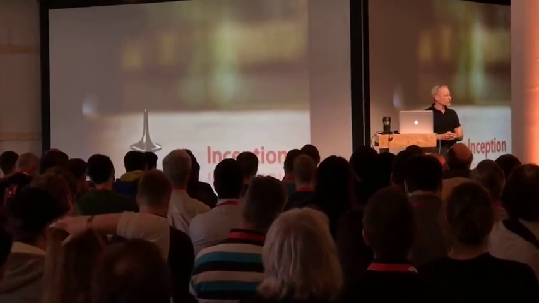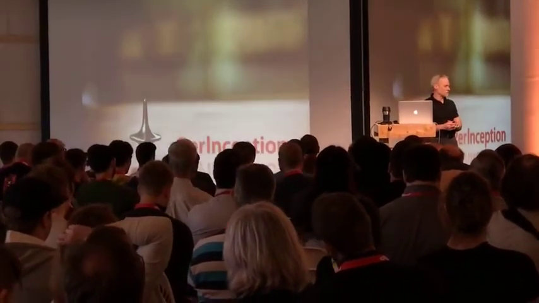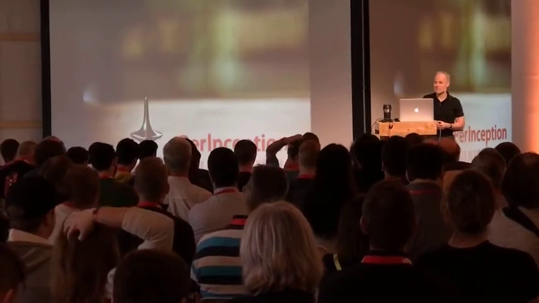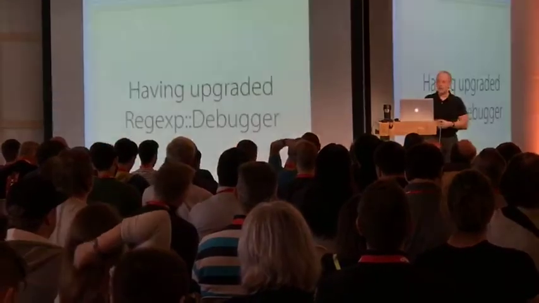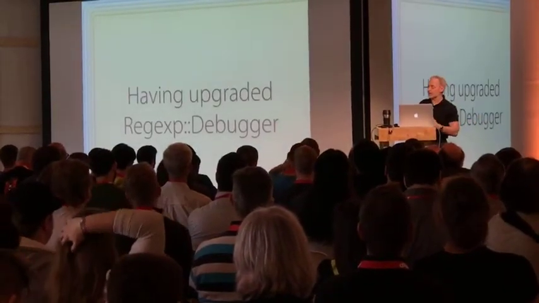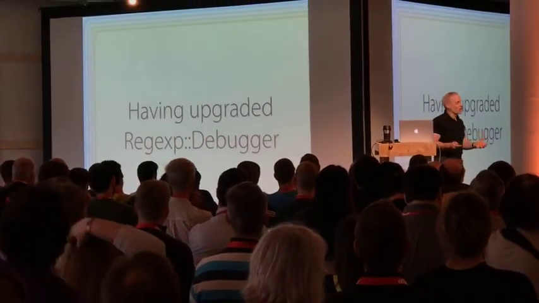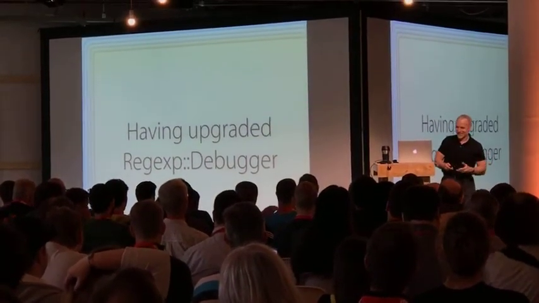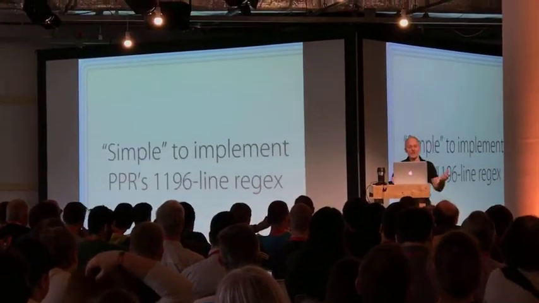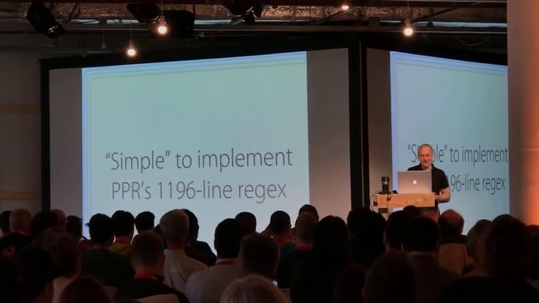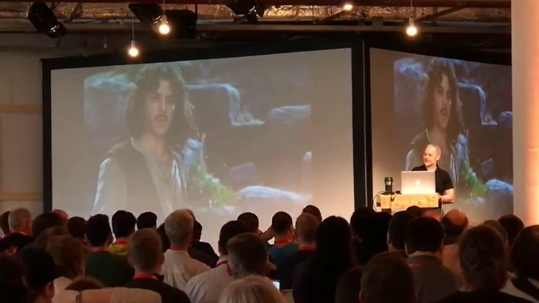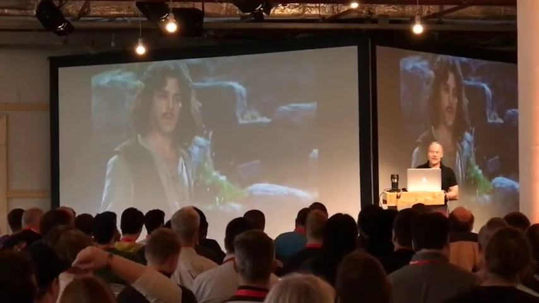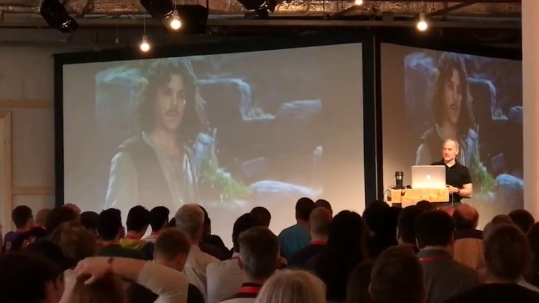Except it was Perlception. So having done that, having upgraded regex debugger, and I gloss over the 6 months that took, it was now simple to implement a regex that matches Perl.